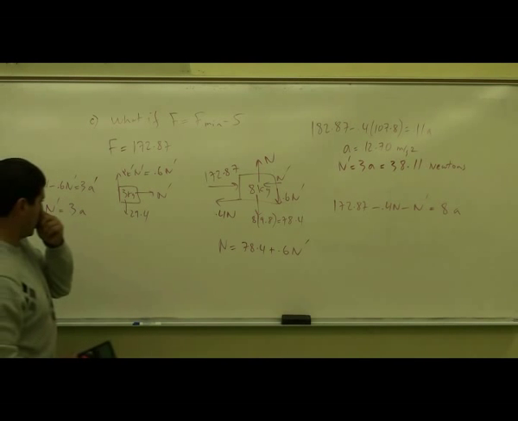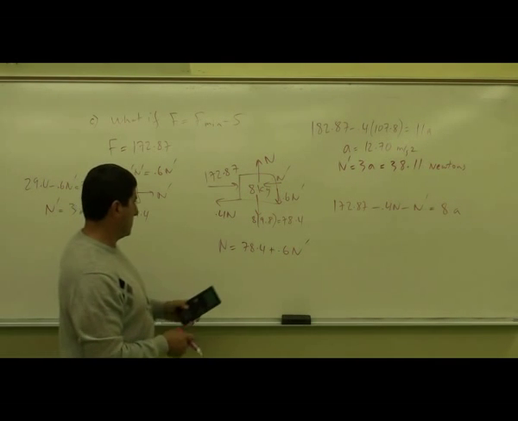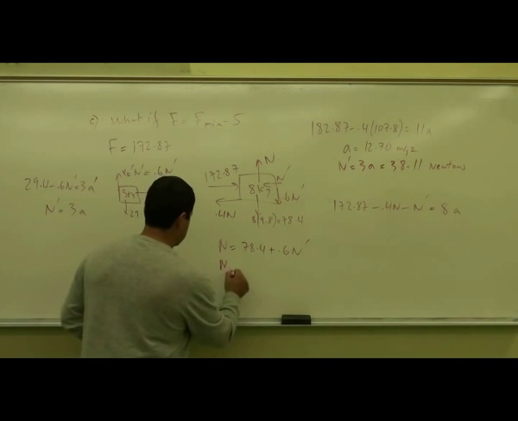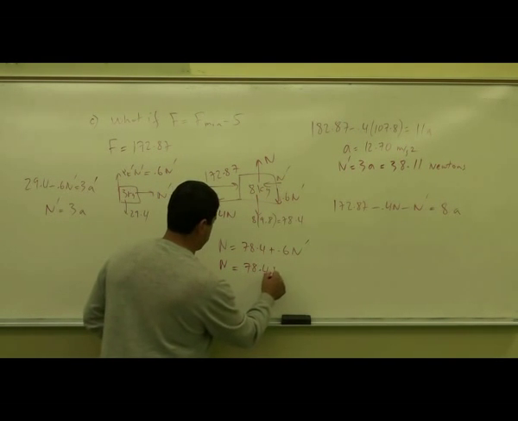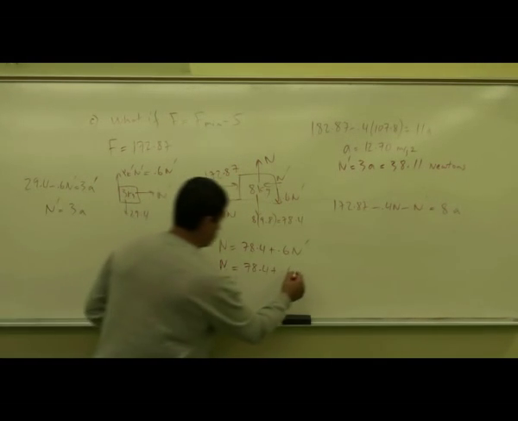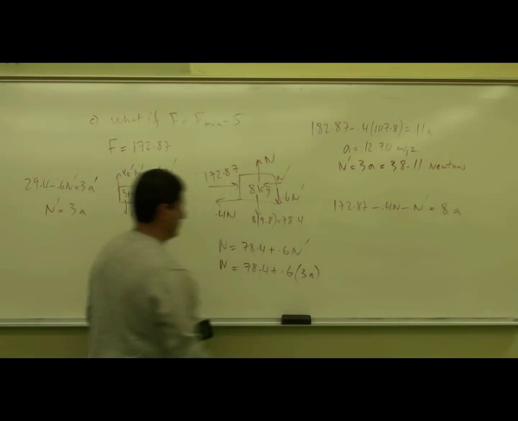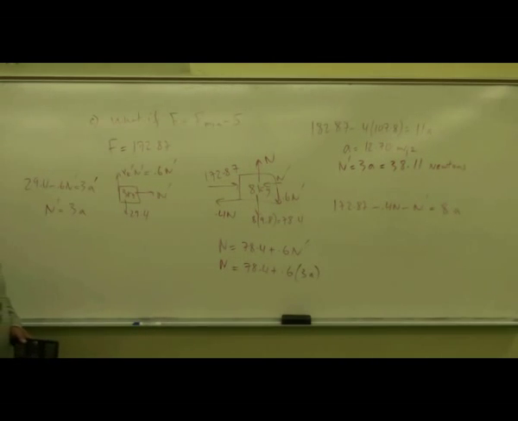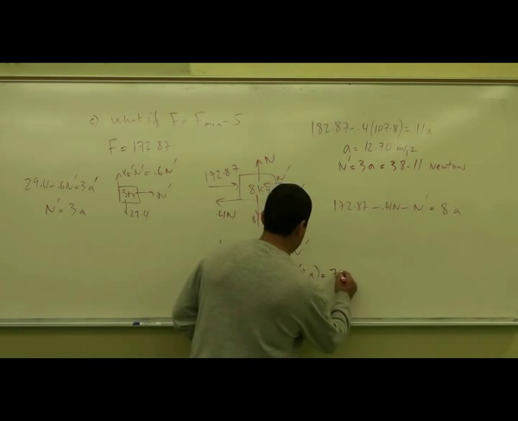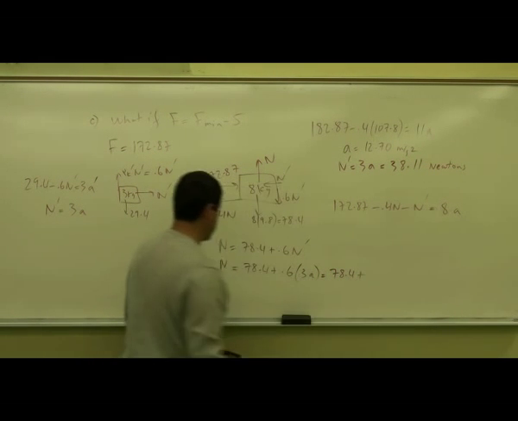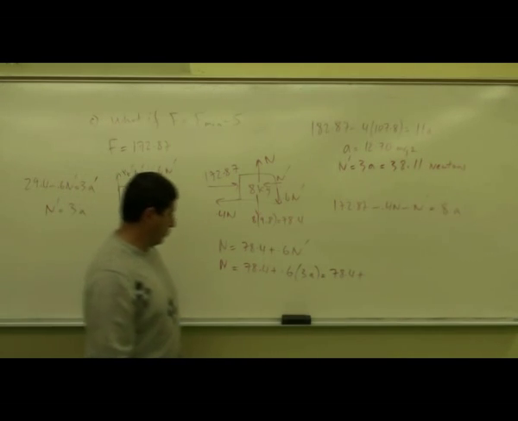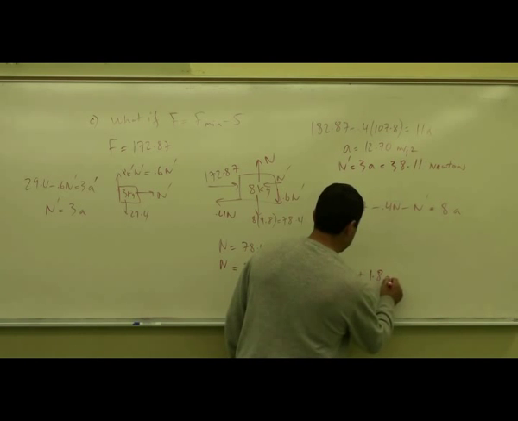And then n prime determines the a. So let's put this all together here. N is equal to 78.4 plus 0.6 n prime, and n prime is equal to 3a, right? So then n is equal to 78.4 plus 0.6 times 3, that would be 1.8a.